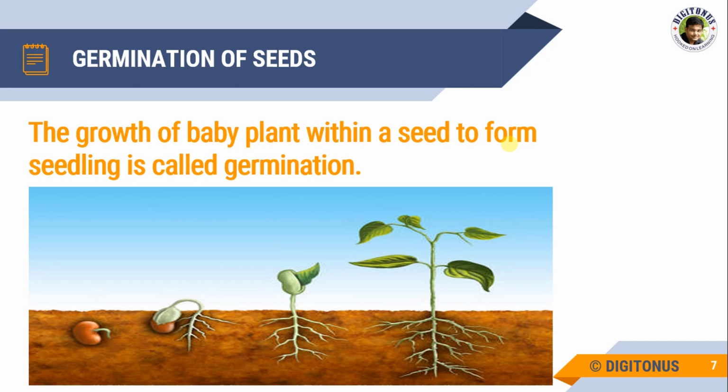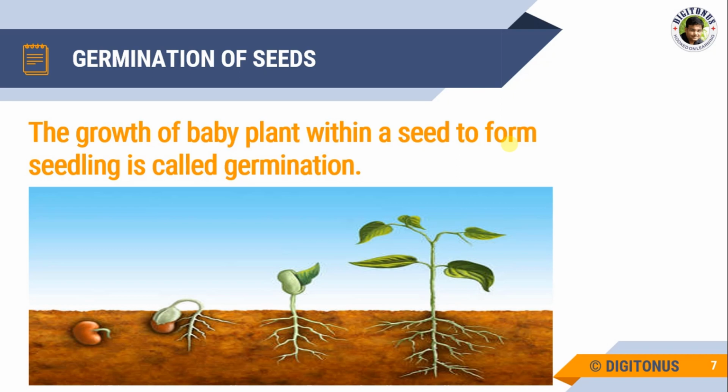The seed coat will break and a new plant will emerge out of the seed. When the plant develops a root system, it will absorb water and nutrients from the soil. The shoot system of the plant will develop and now the leaves will start preparing food for the plant. Therefore, the cotyledons will shrink and disappear.